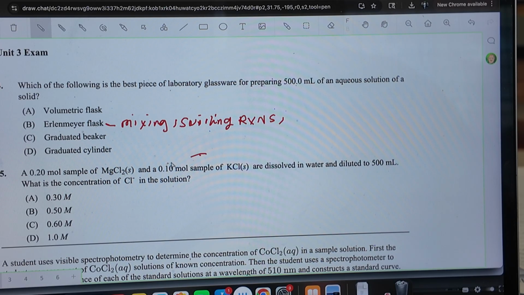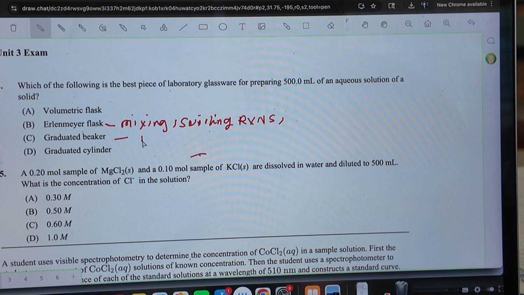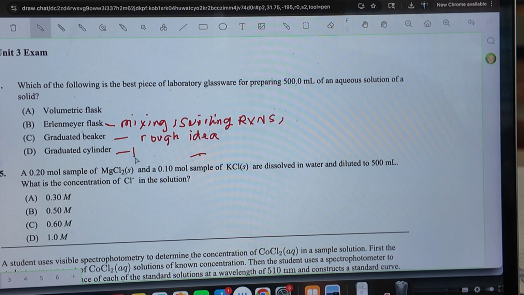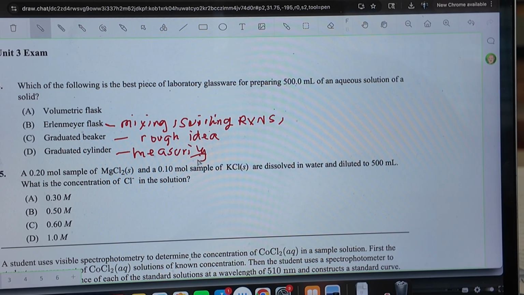A beaker is for a rough idea. And a graduated cylinder is good for measuring, but it's not super accurate. So this is what you want. Okay, moving on. Next question.